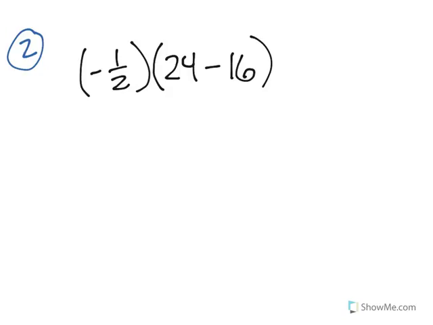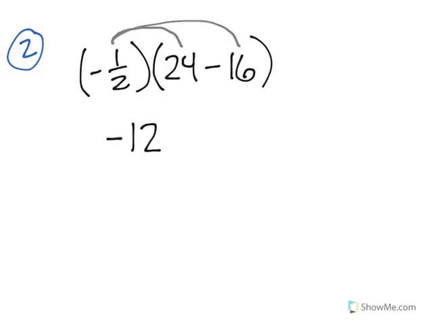And whenever we distribute, we take whatever's outside here and put it here and here. So, as we distribute, we're going to be multiplying -1/2 by 24. So, -1/2 times 24 is going to be -12.